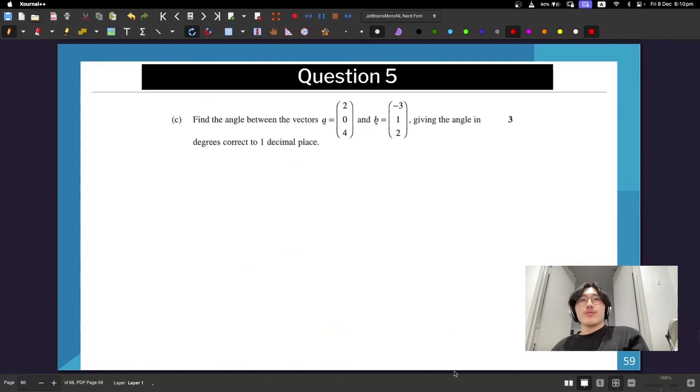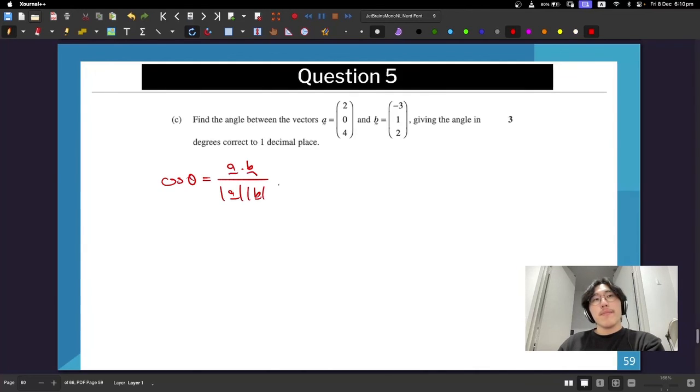Finally, the angle between a equals (2, 0, 4) and b equals (negative 3, 1, 2), given the angle in degrees correct to one decimal place. I do not have a calculator with me right now, so I'll just give you the cosine of it. So the cosine is going to be a dot b over the magnitude of a times the magnitude of b.